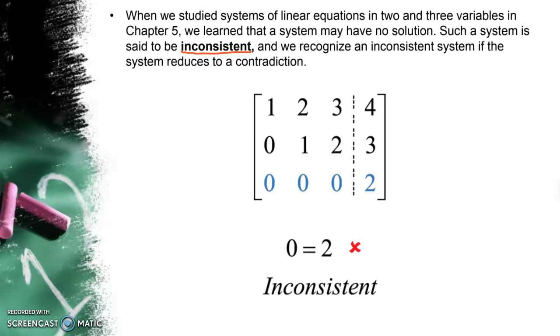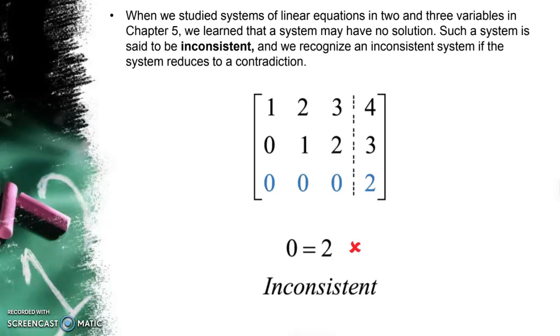As we get to the point where we're doing row echelon form or reduced row echelon form, we end up getting 0 times all of our variables, which is 0, is going to equal 2. That's never a true statement. That's never going to happen. So when that happens, we say that the system is inconsistent and there's no solution.